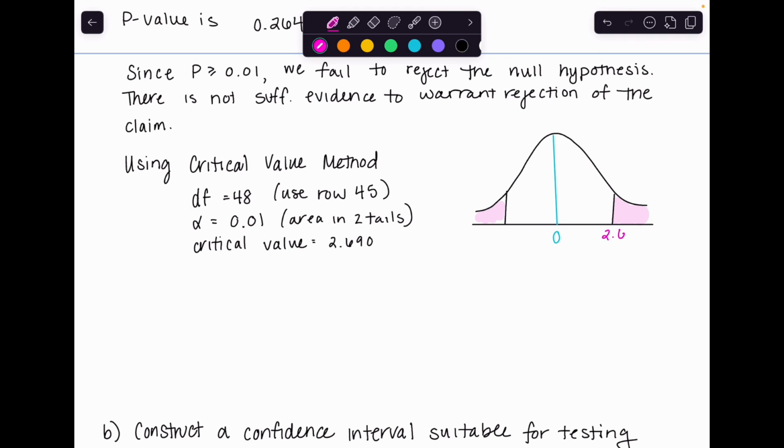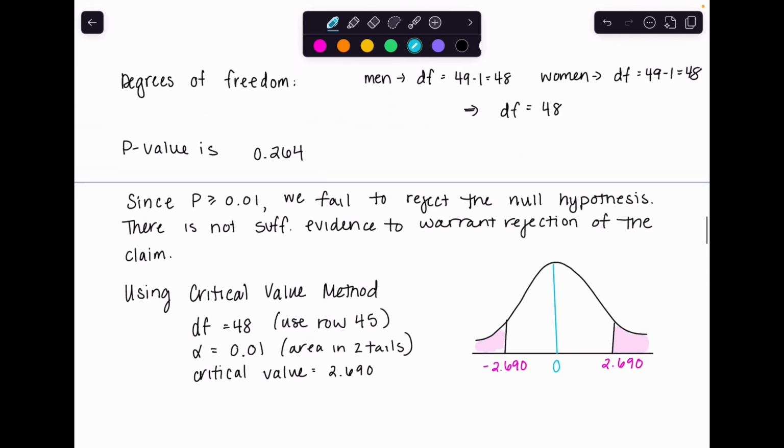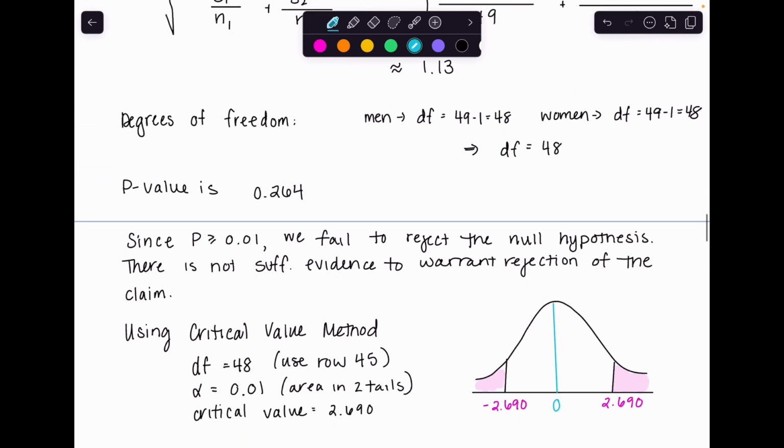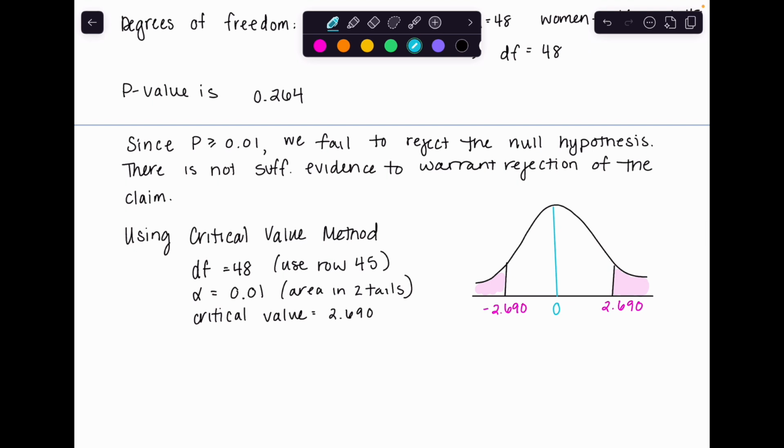So this value is positive 2.690, and this one is negative 2.690. Then our test statistic, going back up here, we already found: it's 1.13. Well, 1.13 is somewhere over here.